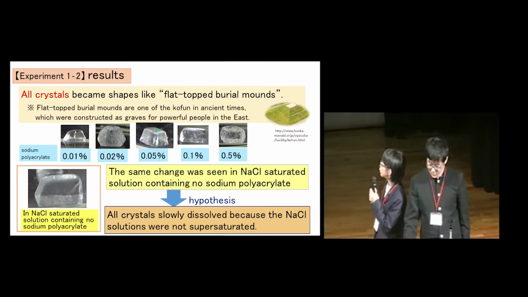Also, the crystal volume decreased. The same change was seen in saturated NaCl solution containing no sodium polyacrylate, so we thought that all the crystals slowly dissolved because the NaCl solutions were not supersaturated.